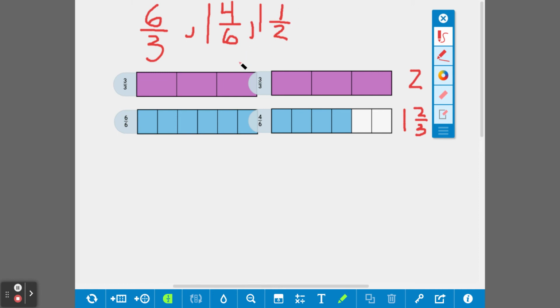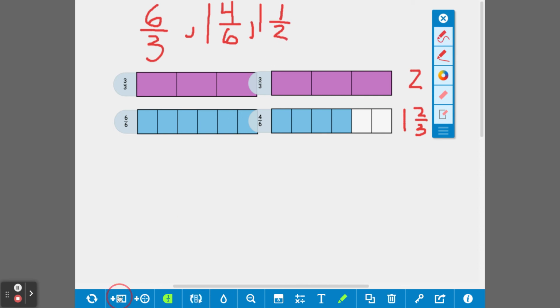So if I were ordering just these two, I know that this one is bigger than this one. Okay, so 1 and 1/2. Now I could put it into 2 parts, and I'll show you what that looks like.